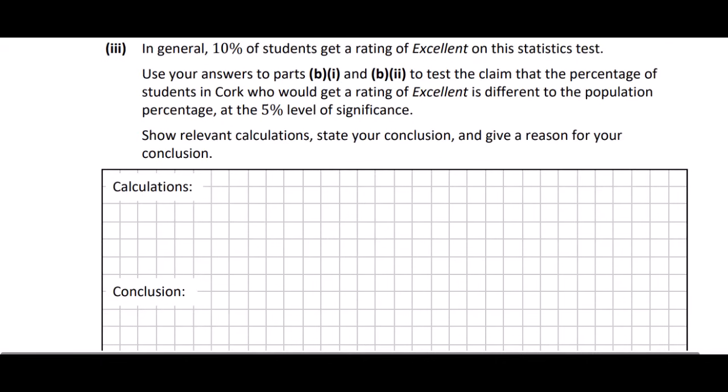So what you've got to do here is state the null hypothesis and state the alternative hypothesis. So the null hypothesis is that 10% of students in Cork would get an excellent rating.